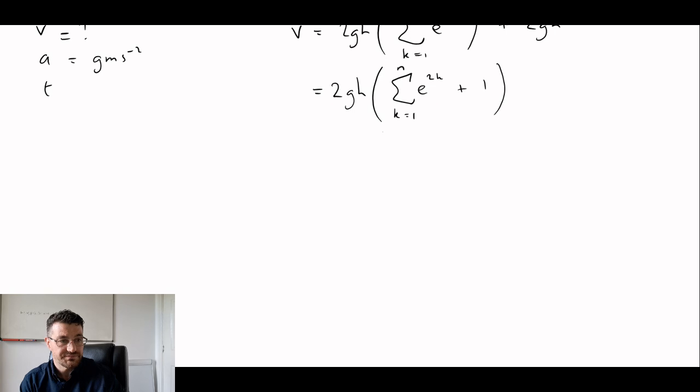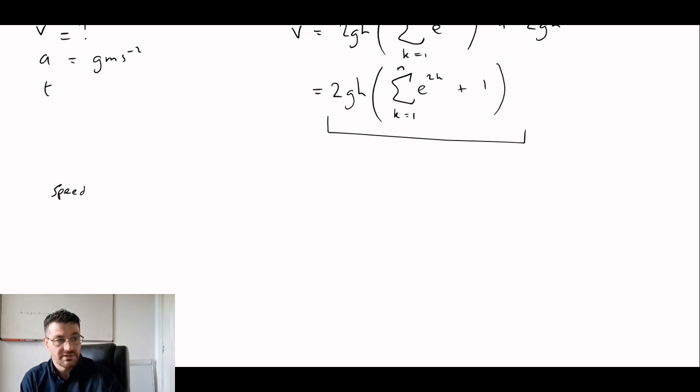Because this is the speed immediately prior to the n+1th bounce. So to find the speed after the n+1th bounce, the pattern is that I just multiply this by e, the coefficient of restitution.